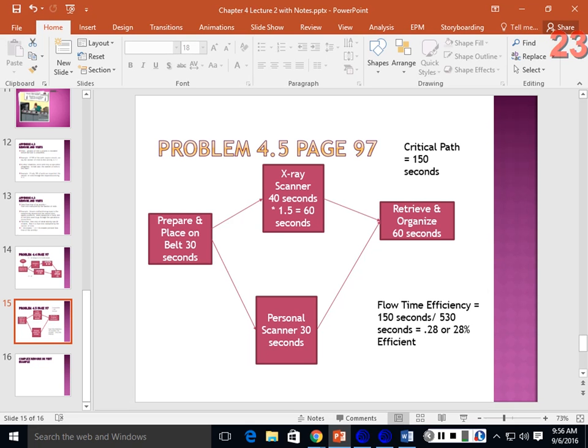And so for the 28%, it says they took this average of 20 people from the time that they start the process till the time that they finish the process, which then includes the waiting time, and it took them 530 seconds. So we can find out that efficiency. So basically 28% of the time they actually have activity, and the rest of the time they're just waiting for something to happen. Is that bad or good?